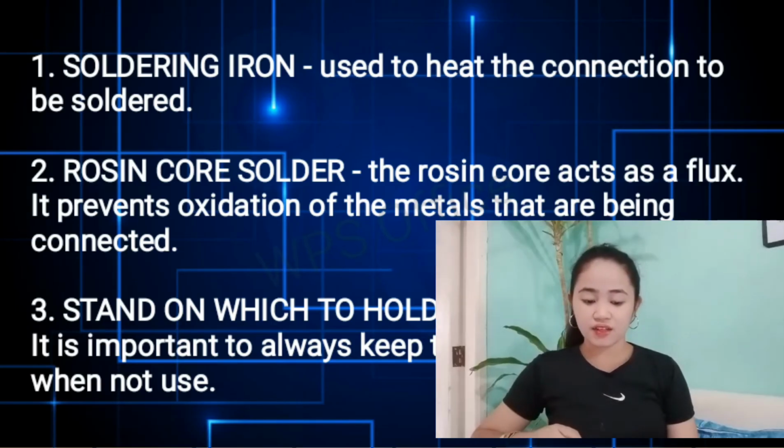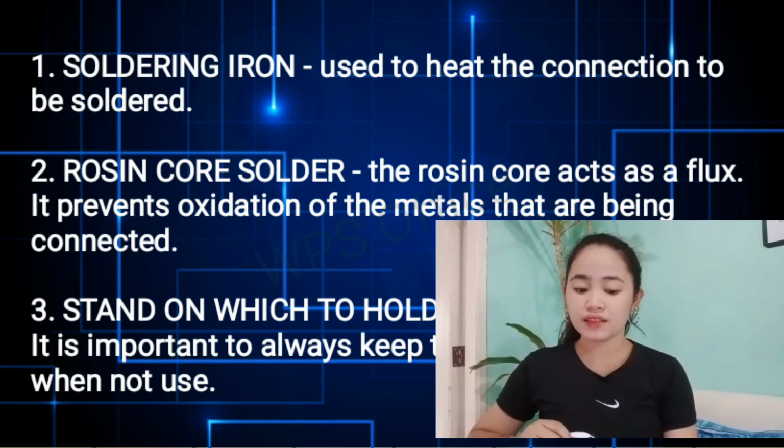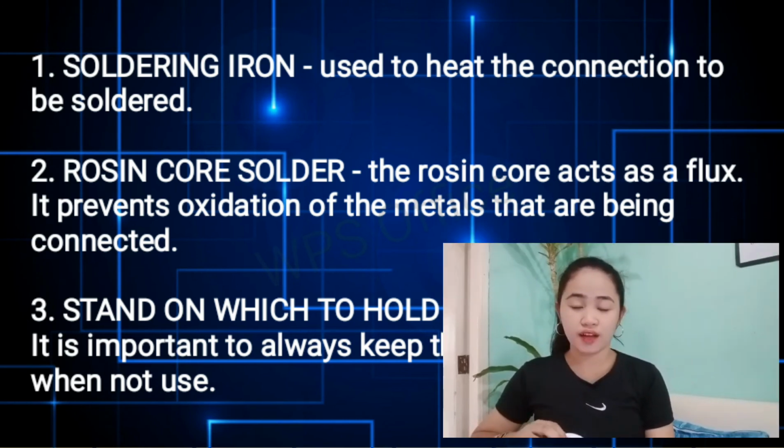Then next is the rosin core solder. Solder has a lower melting point than the metals that are being connected do. The solder is heated by the soldering iron, but the metals being joined will not melt. Rosin core acts as a flux.